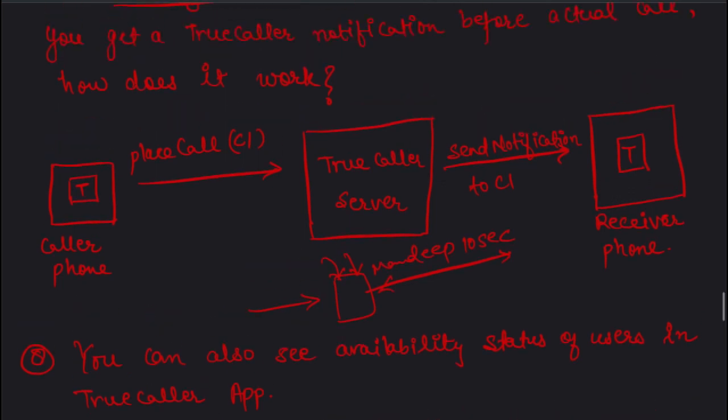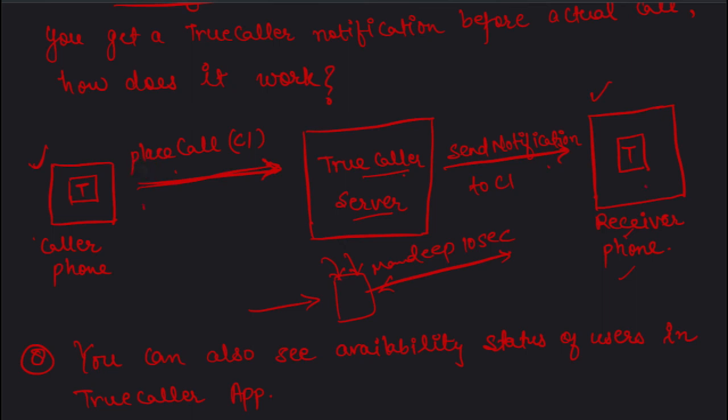How does that work? It requires the TrueCaller application to be installed on both phones, the caller phone and the receiver phone. Whenever I am placing a call, I will send a notification to the TrueCaller service, and this TrueCaller service will send a notification to my receiver phone that there will be a call from this particular number.